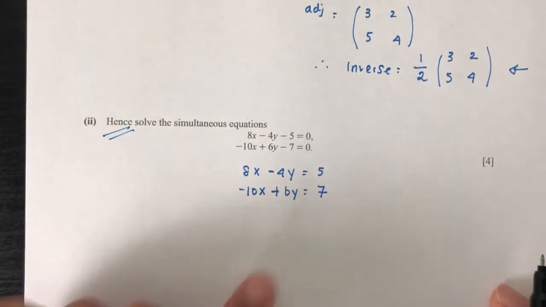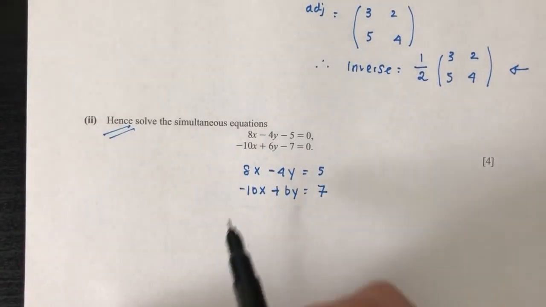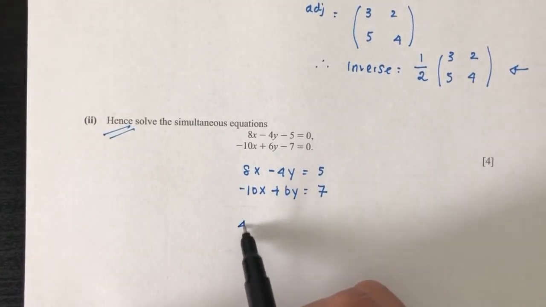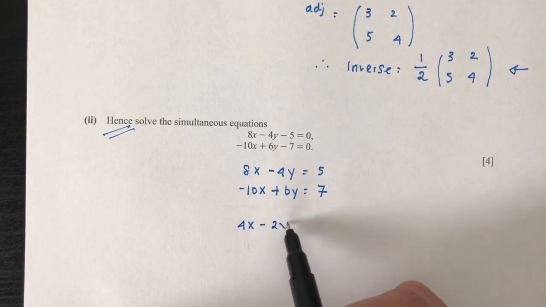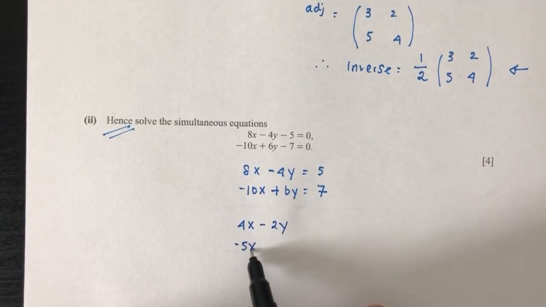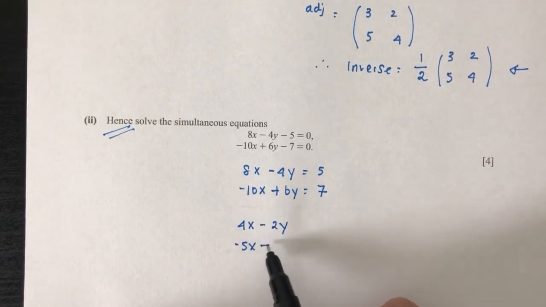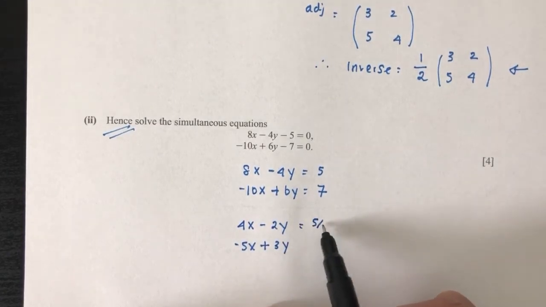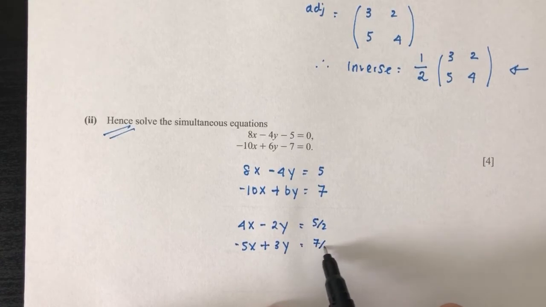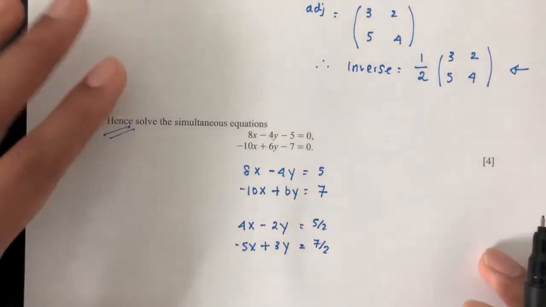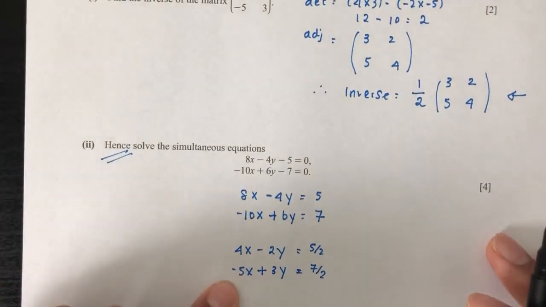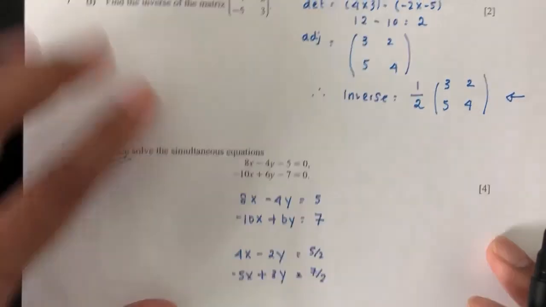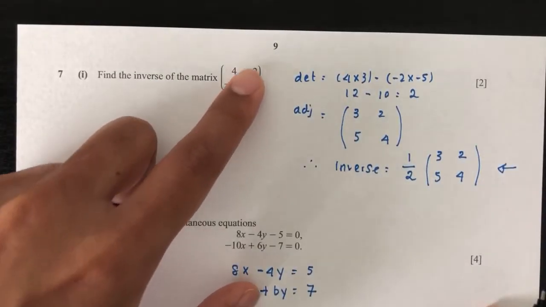So what can we do? We can divide everything by 2. So let's do that. It becomes 4x minus 2y, minus 5x plus 3y, equal to 5 over 2 and 7 over 2. So now they are the same. Minus 4, minus 5, minus 2 and 3.